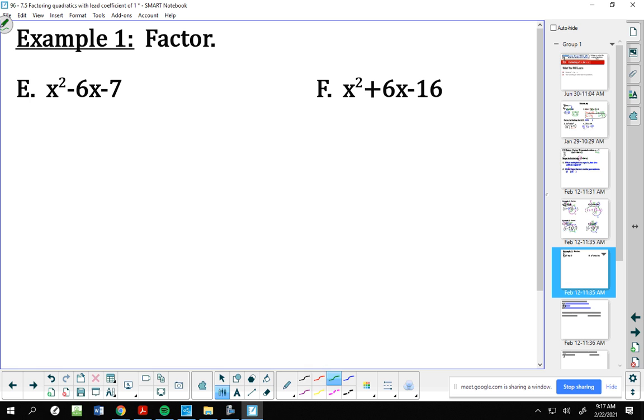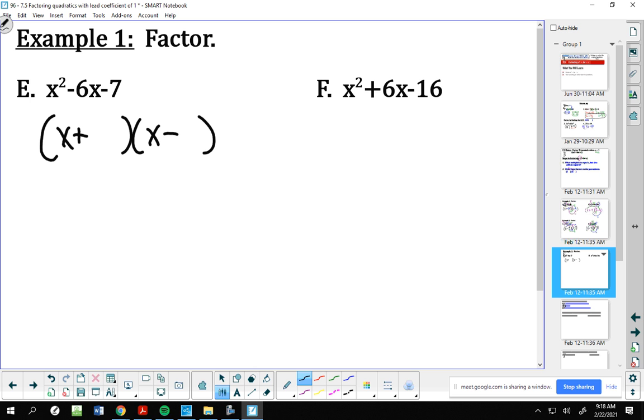Notice, now we have a negative and a negative. So if two numbers multiply to be a negative, they have to be what two signs? Negative and positive. Right? So we have a positive and we have a negative. Does it matter if you put the positive here and the negative here or vice versa? No. Because it doesn't matter what order the factors are written in, because multiplication is commutative.